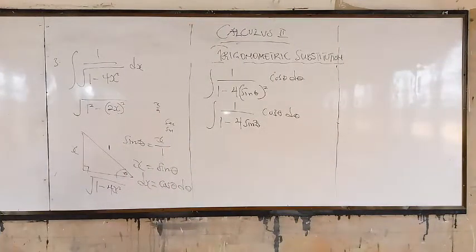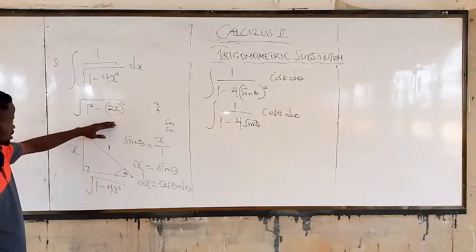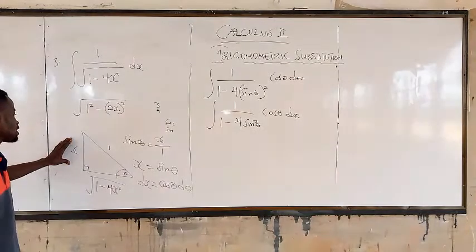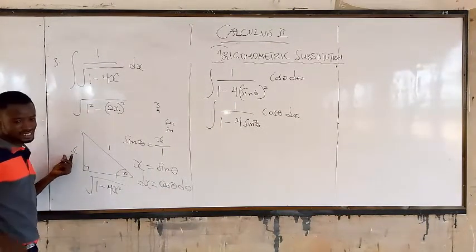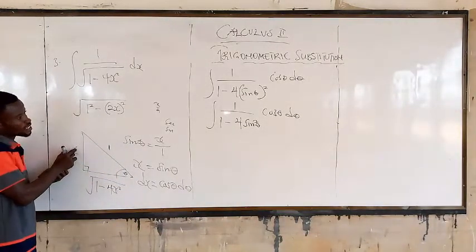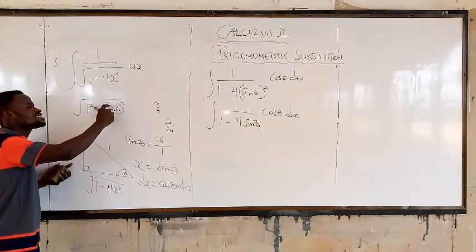Is there any problem here? Oh, there is a big problem here. Do you know that problem? Now, the s that we are representing here is supposed to be 2s, because we represent the inside here by this.